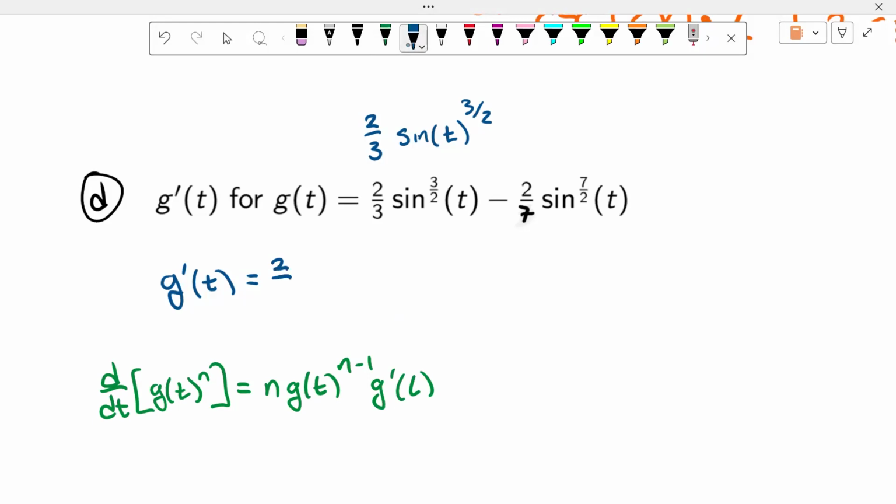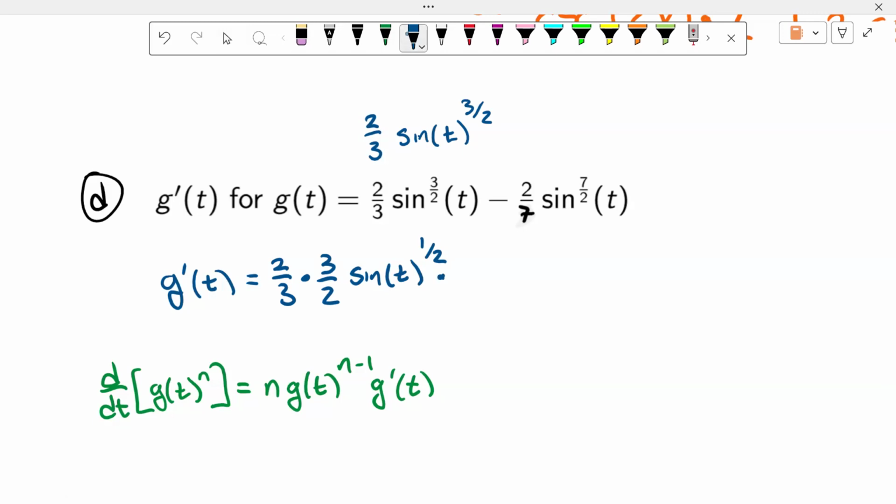So I'll have, just keep the 2/3 in front there. My n is going to be 3/2, so I'll have the 3/2 come down. And then it'll be sine of t to something. What will the something be? Yeah, 3/2 minus 1, which is 1/2. And am I done? No, I gotta multiply it by something.